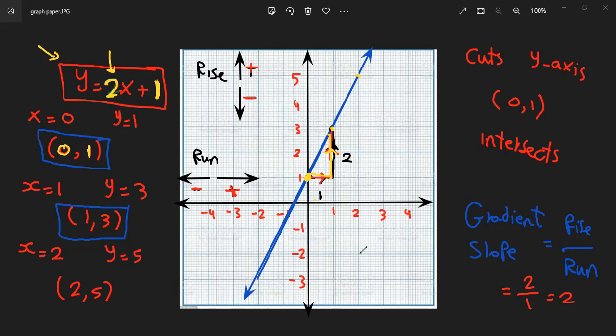When comparing the drawing and the equation of the line, y equals 2x plus 1, we noticed that this 2 represents the gradient, and this 1 represents the y-intercept. That's it.